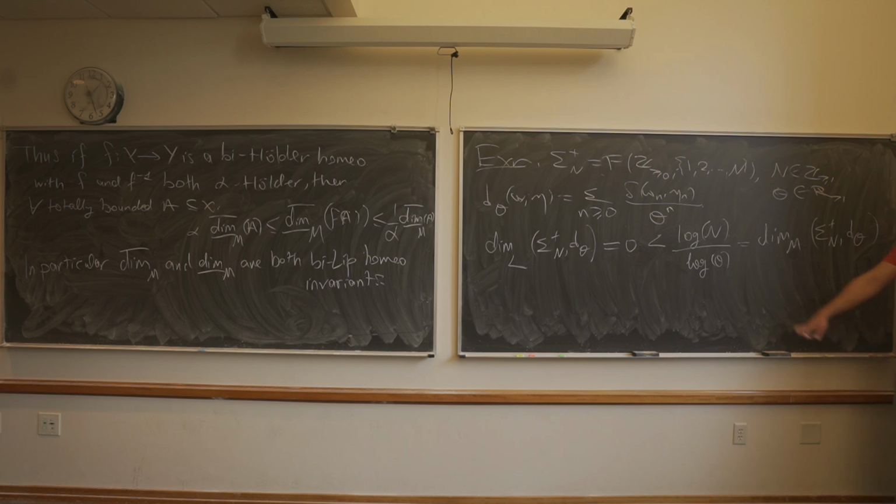Which in particular tells you that the Minkowski dimension does depend on the metric that you're using. So if I were to change the theta, any two such metrics are bi-Hölder equivalent or Hölder equivalent to each other, but they are not Lipschitz equivalent to each other. So you're changing the Lipschitz structure, if you want the smooth structure of the shift space, as you're changing the theta. But it's the same Hölder structure.